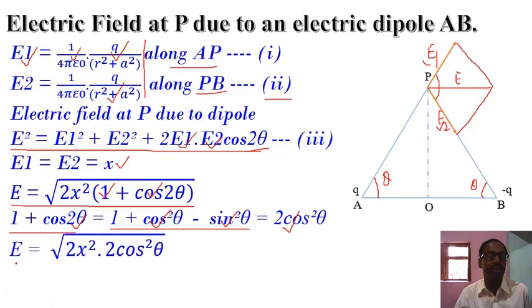So E square equals 2x square into 2 cos square theta. Taking the square root, E equals 2x cos theta. Suppose this is equation number 4.